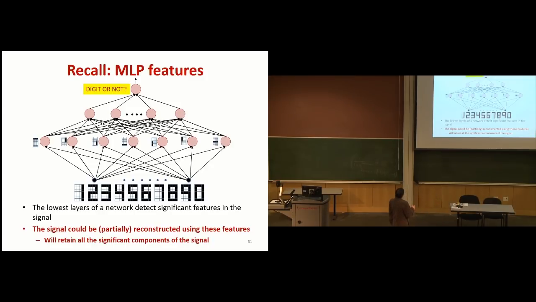Then what you would expect is that, because all of the neurons are eventually correlation filters, the neurons in the lowest layer will learn to detect individual features in the input that are characteristic of digits or characteristic of something being not a digit. You might find, for example, that one of them learns to detect little horizontal bars, another tries to detect little vertical bars on the side, and so on. Each of these detects a feature from the input.